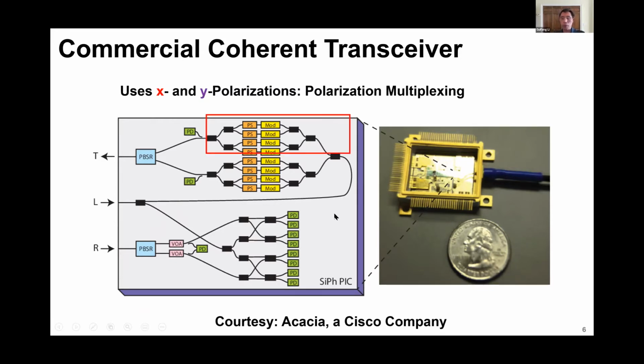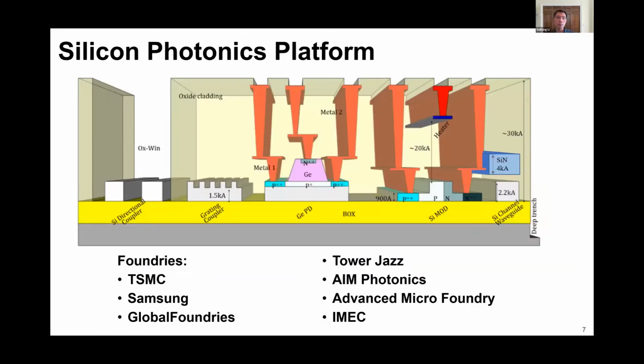In optics we also do polarization multiplexing, but that's sort of beyond the discussion here today. Actually, Acacia didn't have their own clean room. As we said, this is a CMOS compatible process.